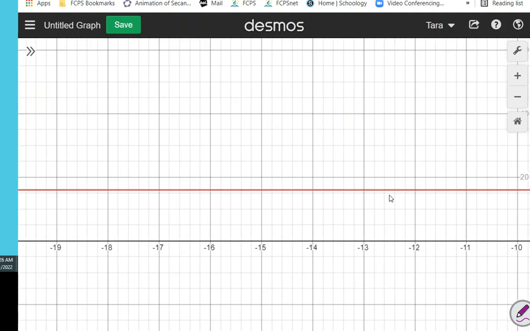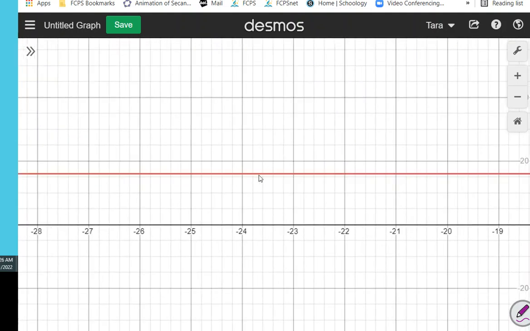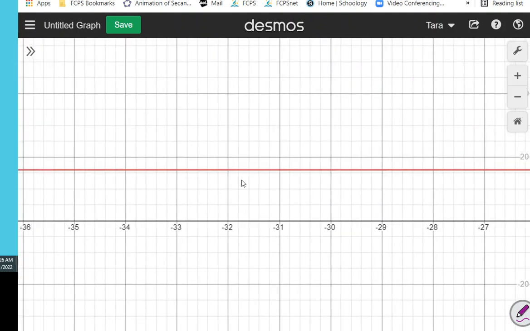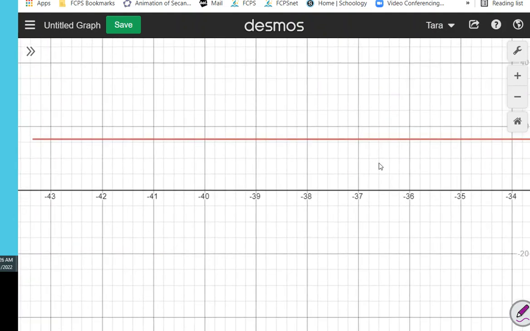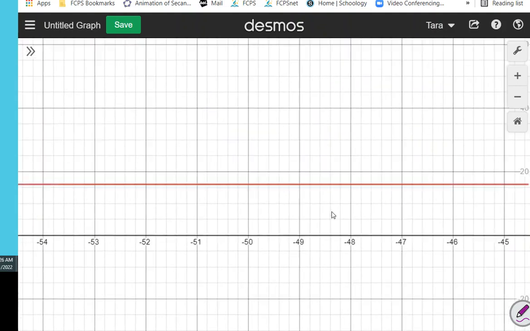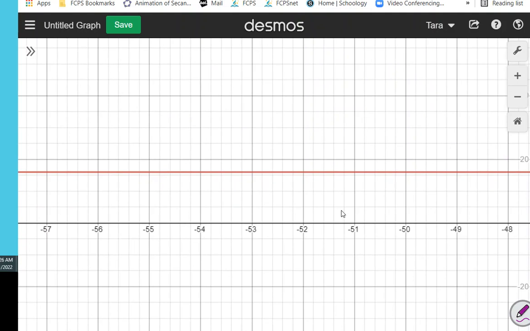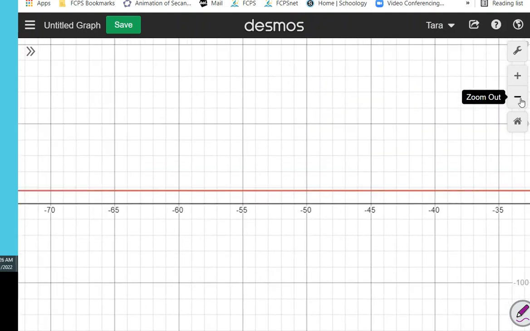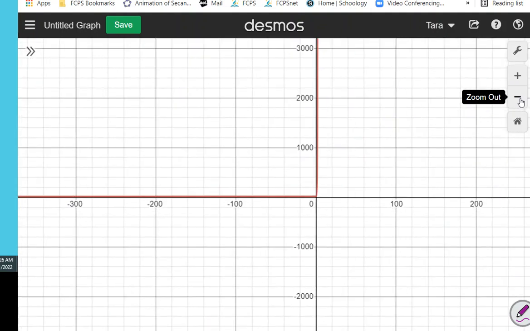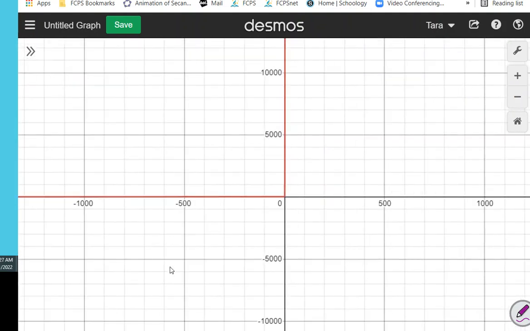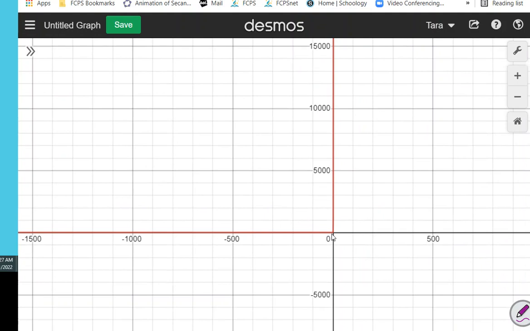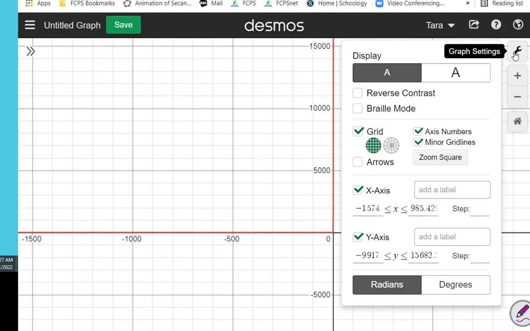I think it's going to continue to be asymptotic. It looks like as I keep scrolling this way, it is getting closer to the x-axis, but we're not going to cross it. And that's the interesting thing.